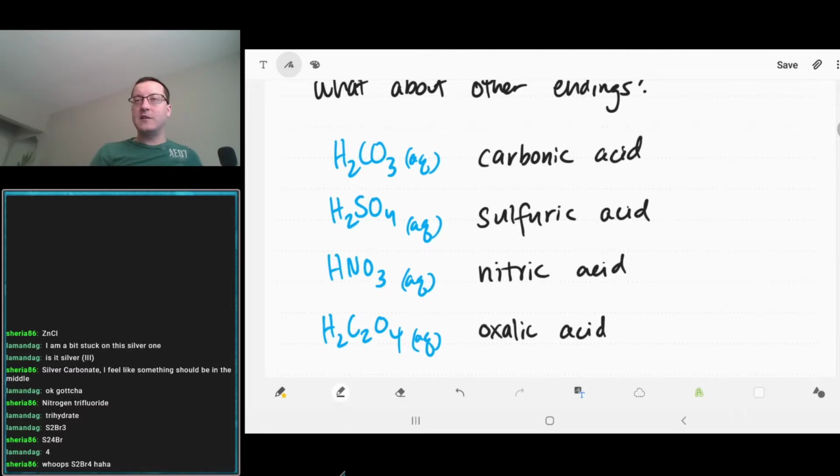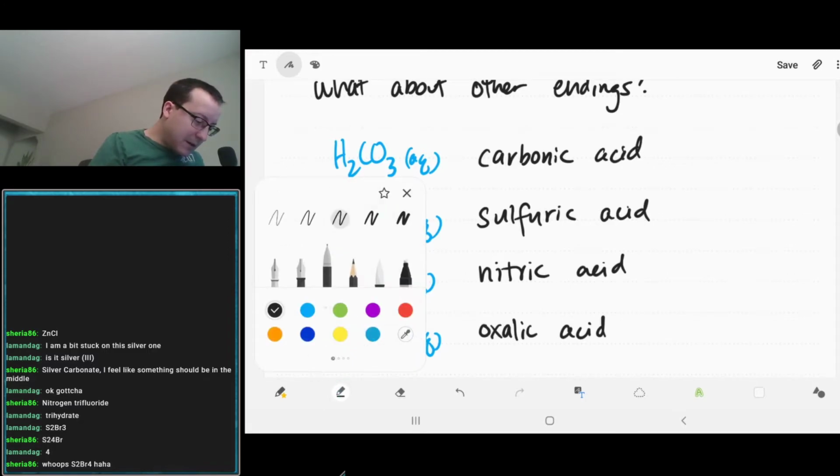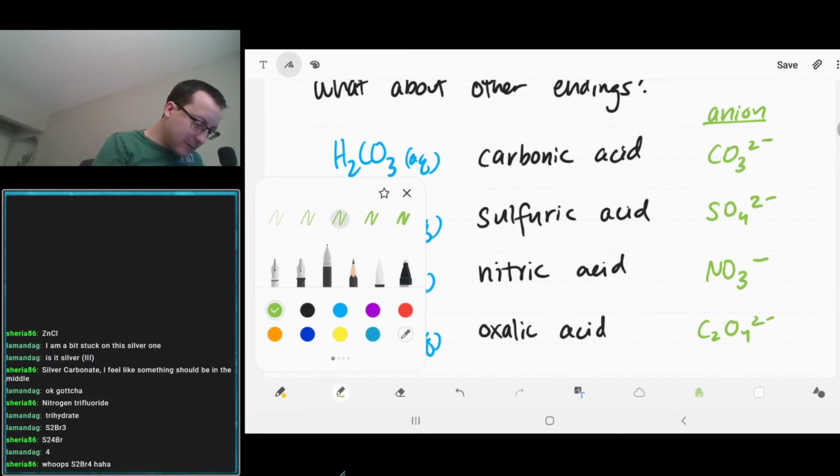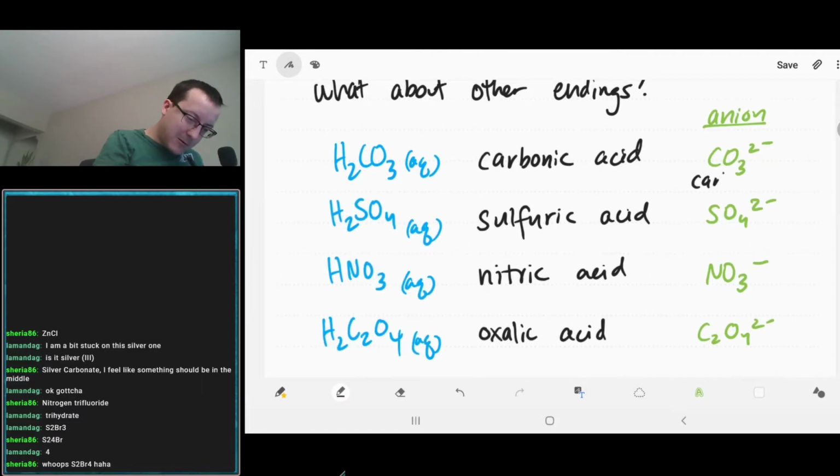By the way, sulfur is kind of special. Sulfuric acid kind of violates the pattern a little bit, but we'll see what that looks like in a minute. And if we look at the anion of all these, you can look at the anion names. This one, carbonate, sulfate, nitrate, oxalate.